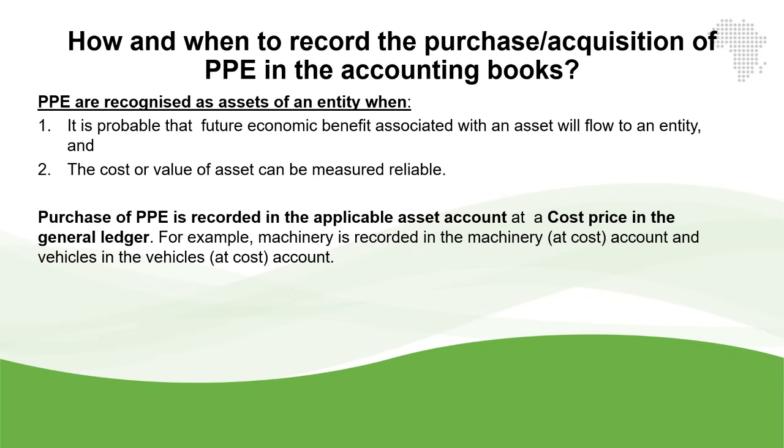So if you purchase a delivery van to deliver the goods to your customers, the expectation is that money will be flowing to your business because you are delivering goods to your customers, and then they will pay you. So that future economic benefit that is associated with this delivery van will be flowing into the entity. You will be making money out of that. So once these 2 criteria are met, you are then able to record that property, plant and equipment.